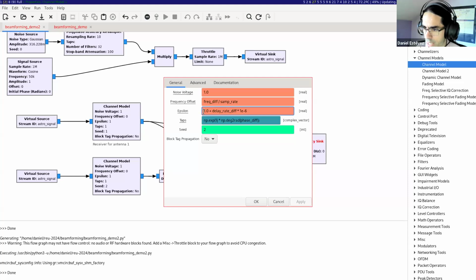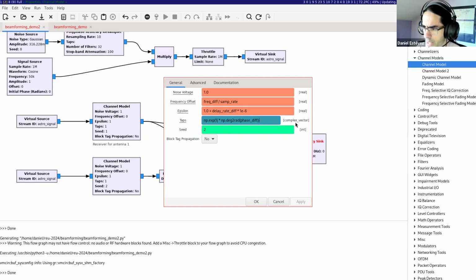Then for epsilon, we have 1 plus a very small number, which can be either positive or negative. And parts per million means that we need to multiply by 1e-6, which is 10 to the power minus 6. And then for the taps, good point here. The taps is usually going to be a list of complex numbers.